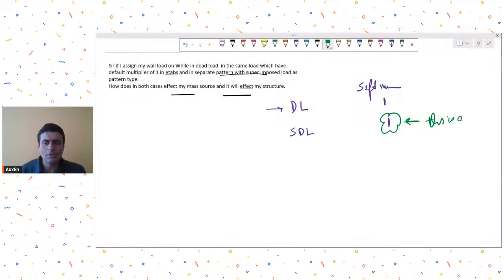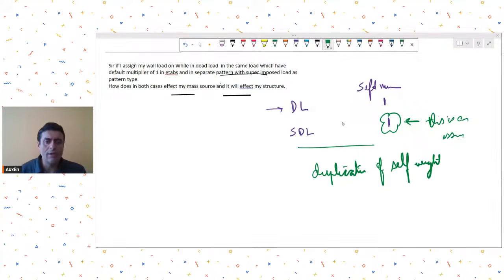Why? Because ETABS will duplicate the self-weight. Self-weight means whatever items you have modeled in your ETABS model, the slabs, the beams, the columns, those loads will be added two times if you have the self-weight multiplier 1 assigned to two different load patterns.